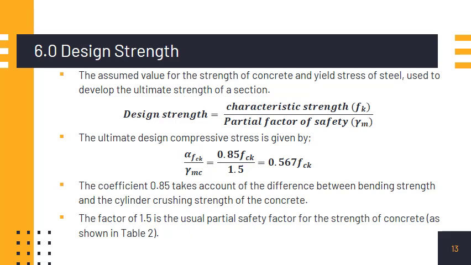This value should be multiplied with 0.85, which is the coefficient that take account the difference between the bending strength and cylinder crushing strength. As discussed in slide 10, safety factor for concrete is 1.5. So when we divided 0.85 fck with 1.5, our ultimate design compressive strength is 0.567 fck.